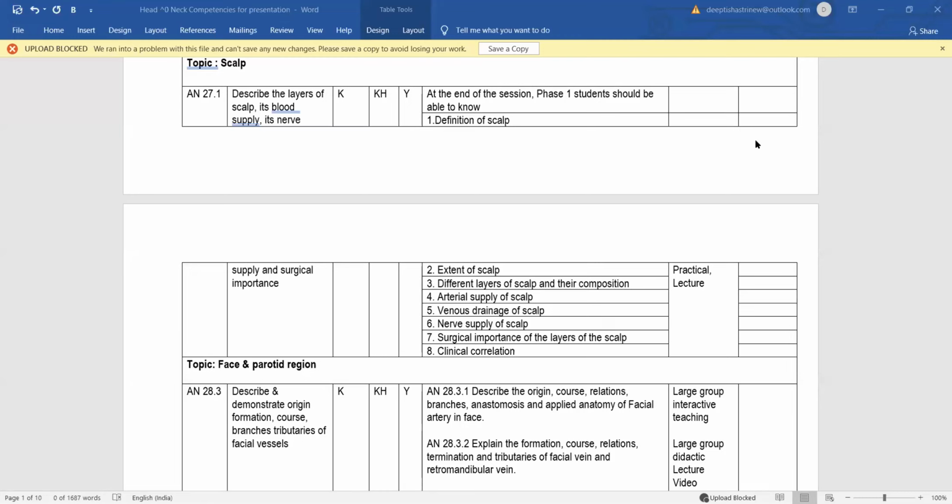In that way we can divide the SLOs with more clarity, deciding which SLOs we combine for case-based learning and which we take as an interactive lecture class. A little more clarity would be nice when you put the SLOs, showing the domains and levels and which can be combined, instead of putting all SLOs 1, 2, 3 and writing just practical and lecture.